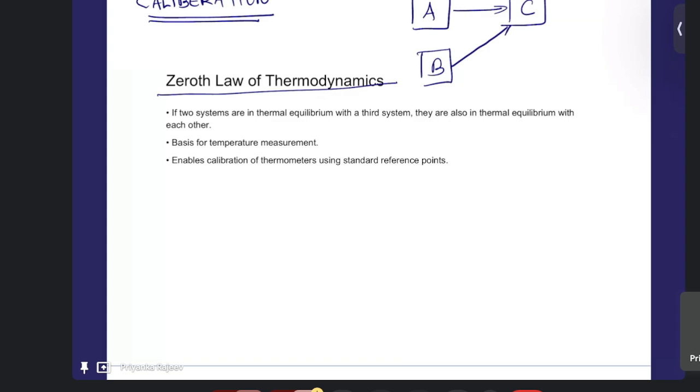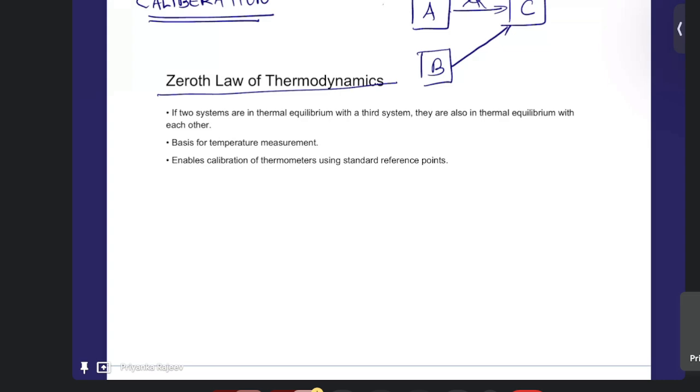So if there is no heat flow happening, that means the temperature is the same, which means it is in thermal equilibrium. So if A and C are in thermal equilibrium, there is no heat flow, so there is no temperature difference. That means A and C are at the same temperature.